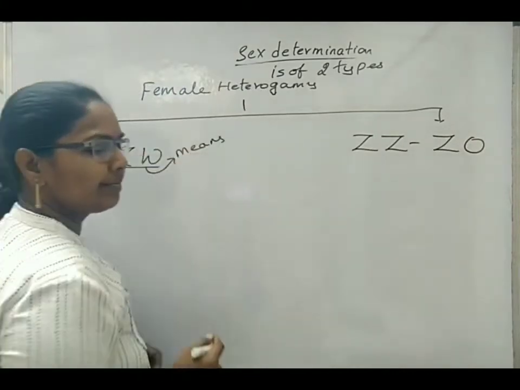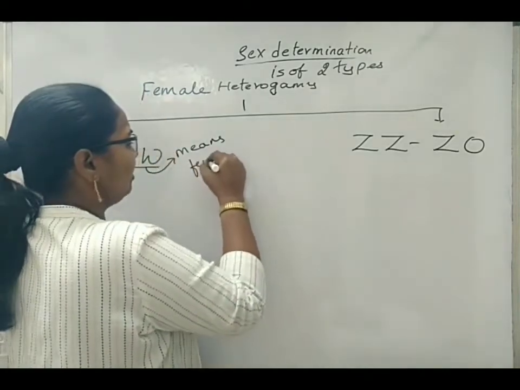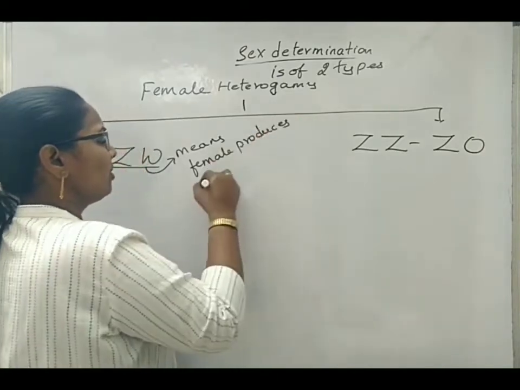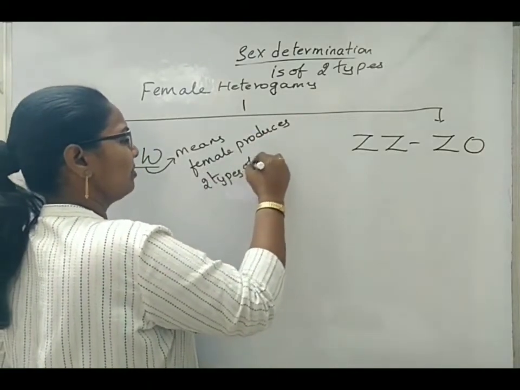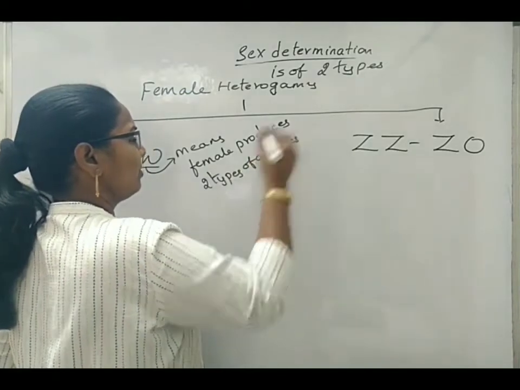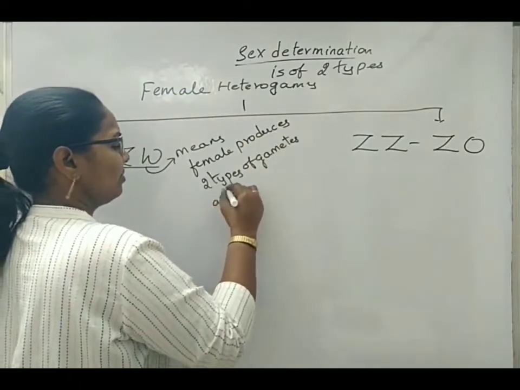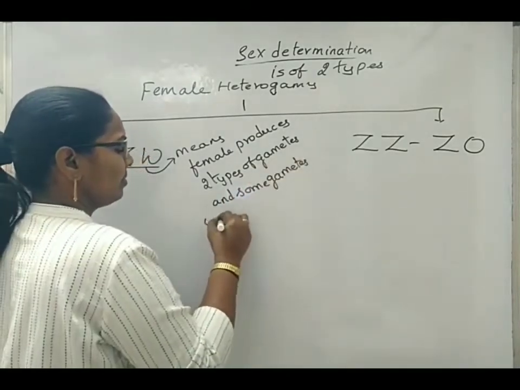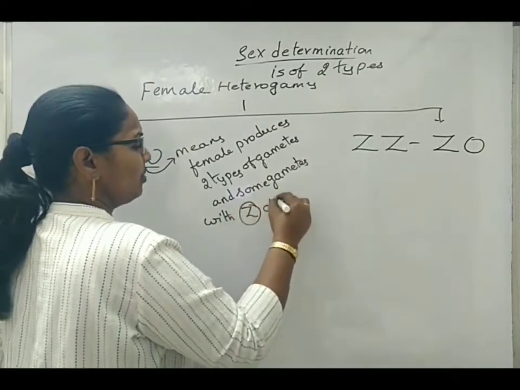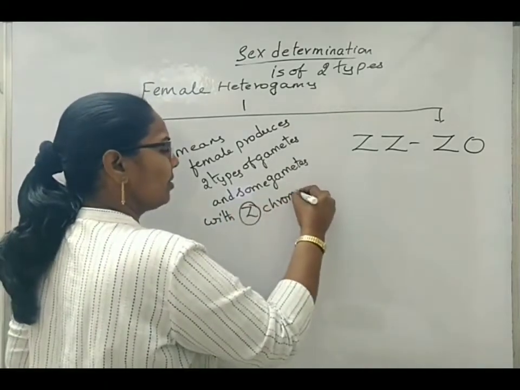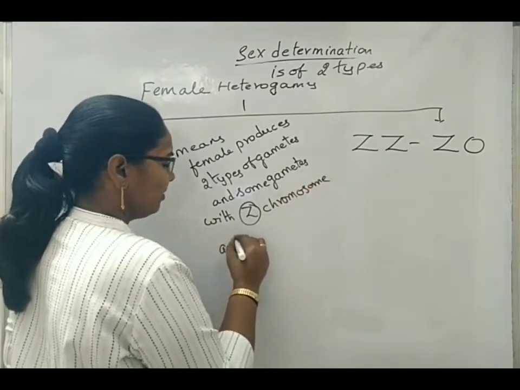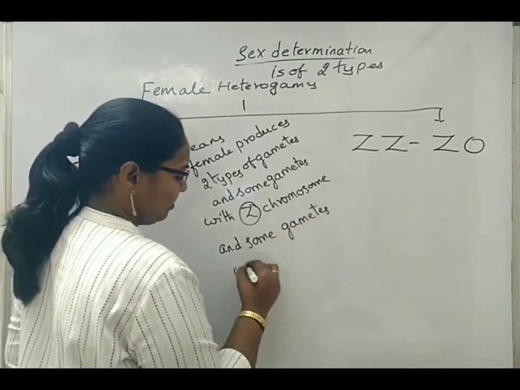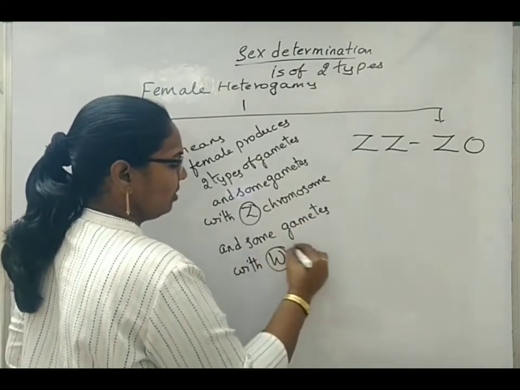It means that female produces two types of gametes: some gametes with Z chromosome, Z type of chromosome, and some gametes with W chromosome.